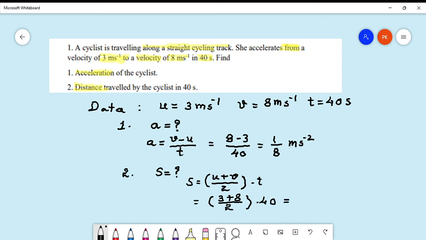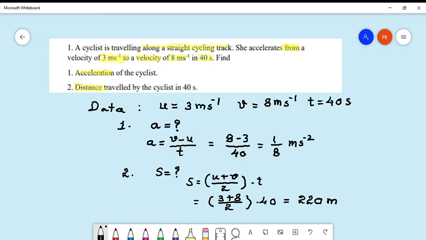Okay, so 11 into 20, that is 220 meters. Okay with you? So please go through this and then we will come to the second problem here. Okay? Yes.